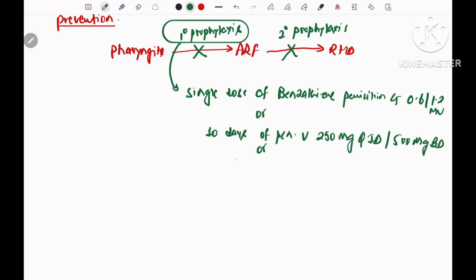If allergic, then erythromycin, the dose is same.